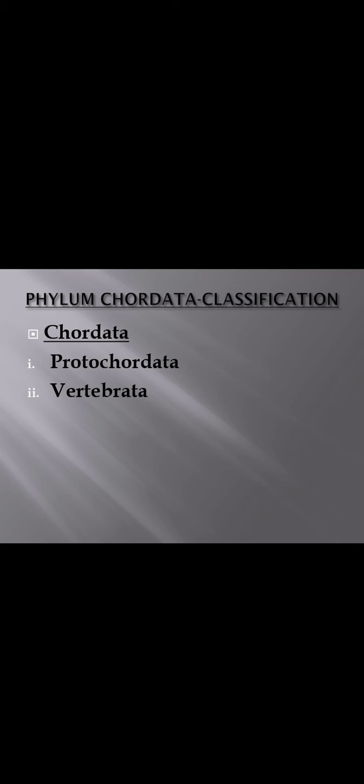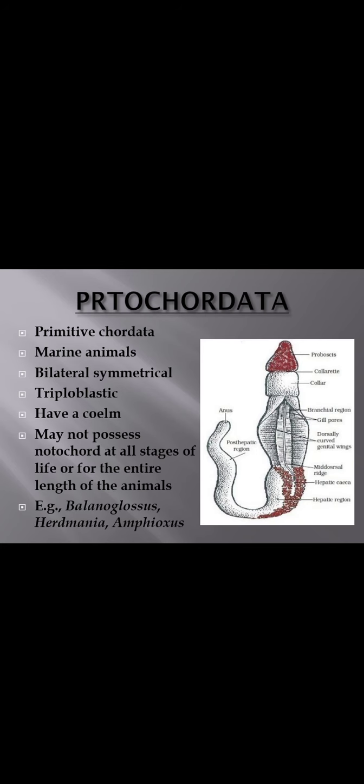Coming to phylum Chordata classification, it is classified into two, that is protochordata and vertebrata. So let us see what is this protochordata. Proto means before, right? So protochordata and vertebrata. Coming to protochordata, these are primitive chordates, the first development of notochords.